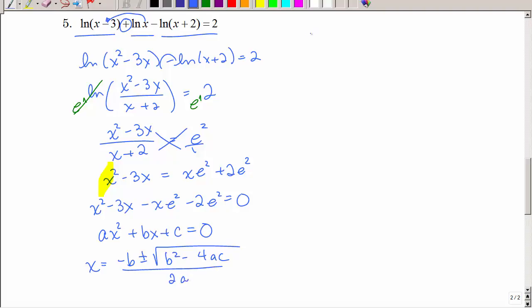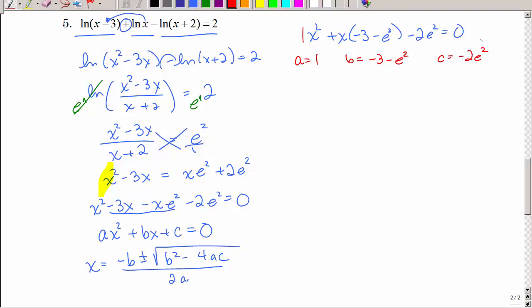So maybe I could rewrite it as x squared, and let's go ahead and factor out an x out of these two, and that would leave me negative 3 minus e squared, minus 2e squared equals 0. There's an understood 1 there. So a is 1, b is negative 3 minus e squared, and c is negative 2e squared. Rather ugly.